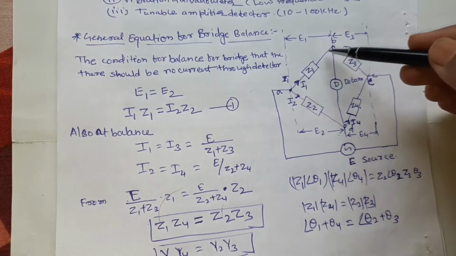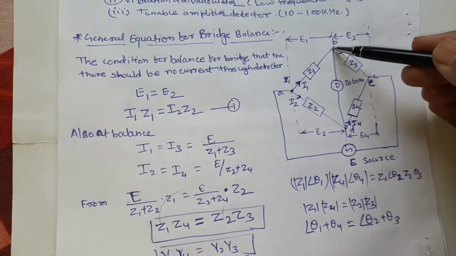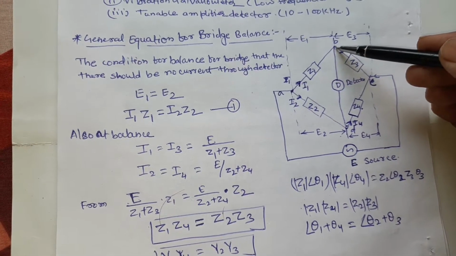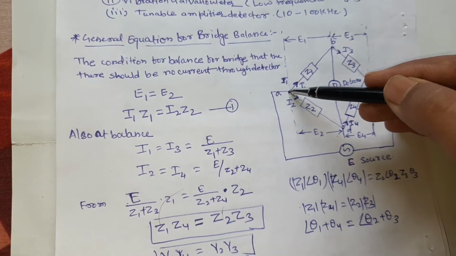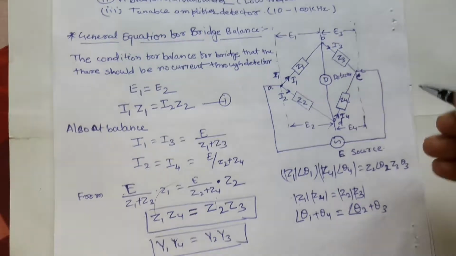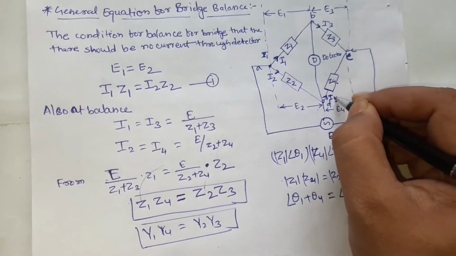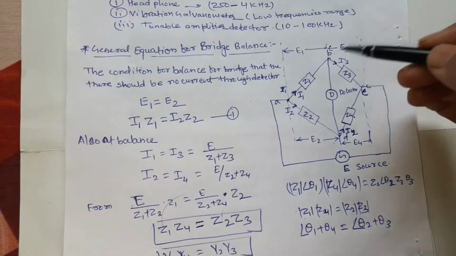If there is zero current, suppose I1 current flows through Z1, then the same current flows through the Z3 branch, and suppose I2 current flows through Z2, then the same current flows through the Z4 branch.